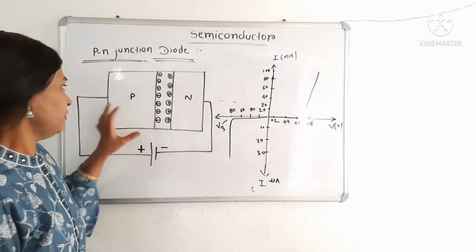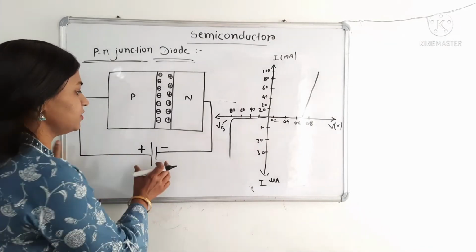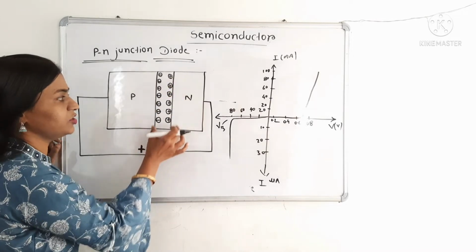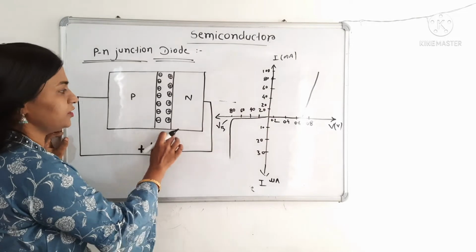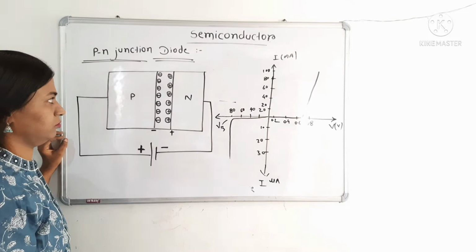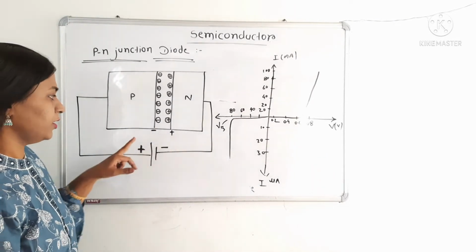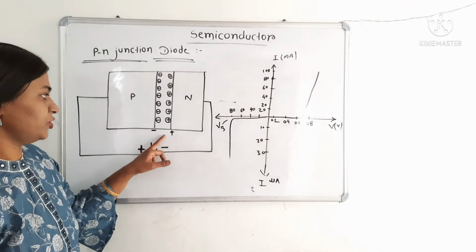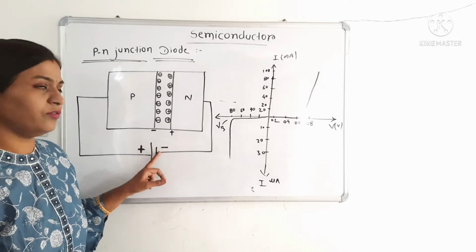See, when we apply this external voltage, it has positive and negative terminals. Here is the depletion region. The depletion region has a potential, negative and positive. The polarity of this potential is different from the external voltage.